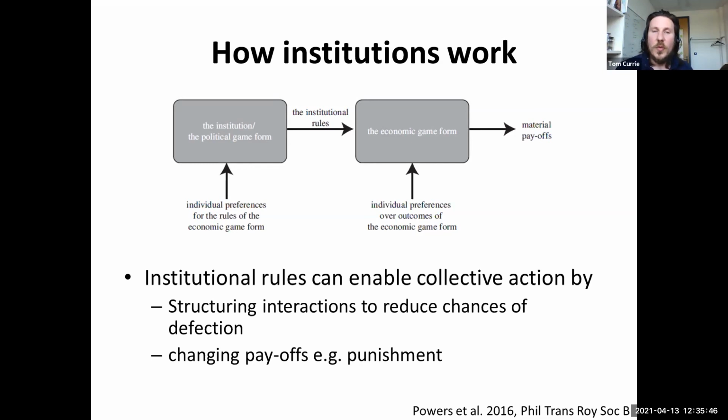We can create rules, institute things like punishment or other incentives for cooperating, or structure interactions so that cooperators tend to interact more with cooperators, so that we change the basic structure and payoff in the economic game and favor cooperation.